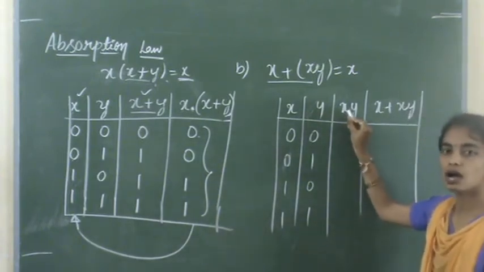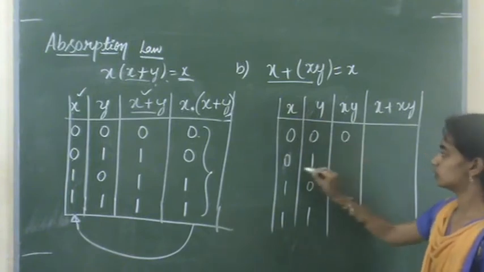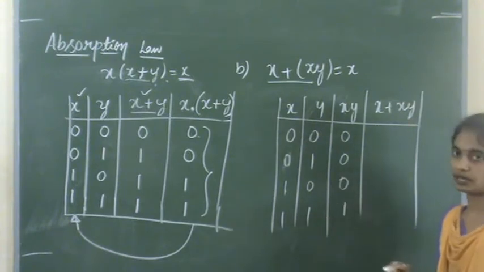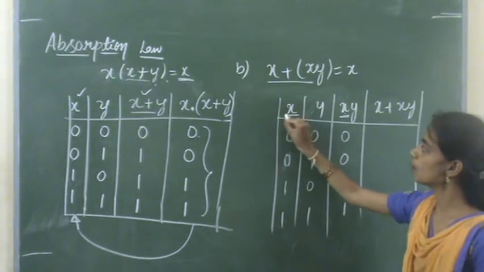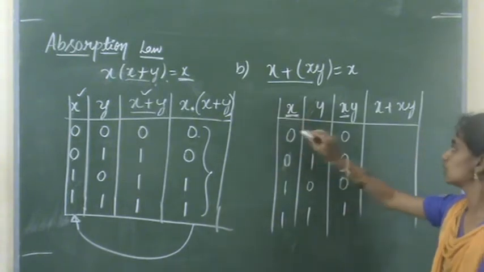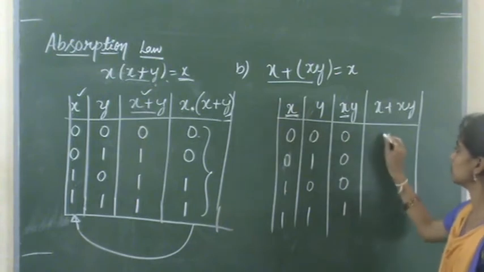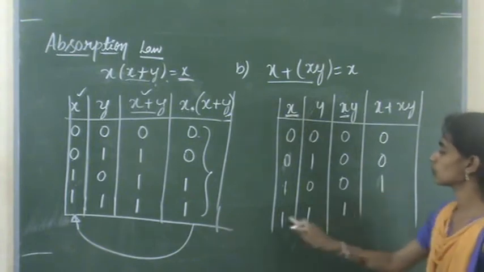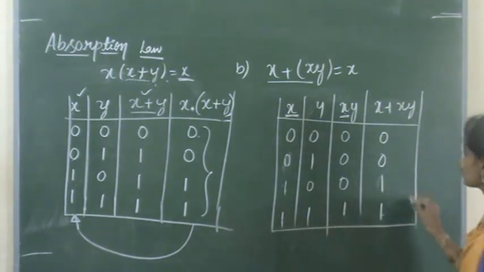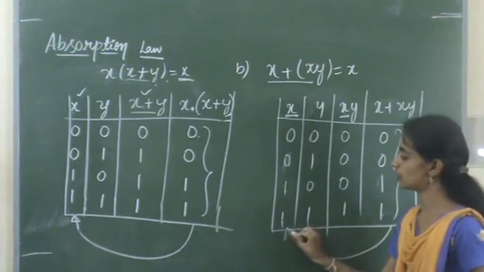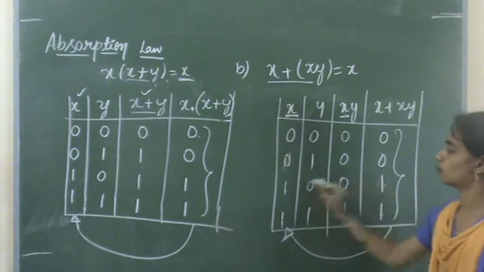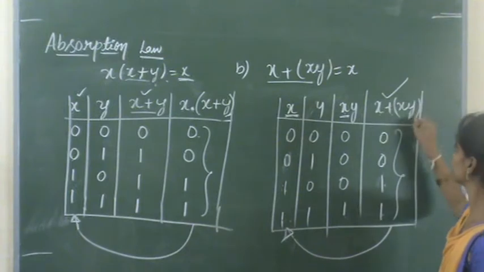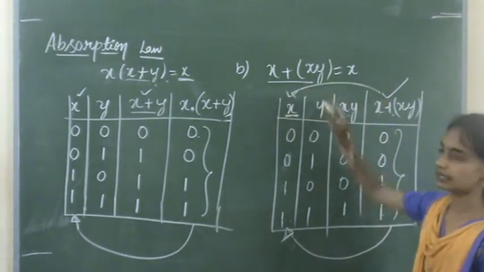First we have to perform the AND operation: 0 into 0 is 0, 0 into 1 is 0, 1 into 0 is 0, 1 into 1 is 1. Then we need to perform the OR operation with the value x: 0 plus 0 is 0, 0 plus 0 is 0, 1 plus 0 is 1, 1 plus 1 is 1. Here also we get the same result as x only: 0, 0, 1, 1. So we can prove that x plus xy is equal to x only.